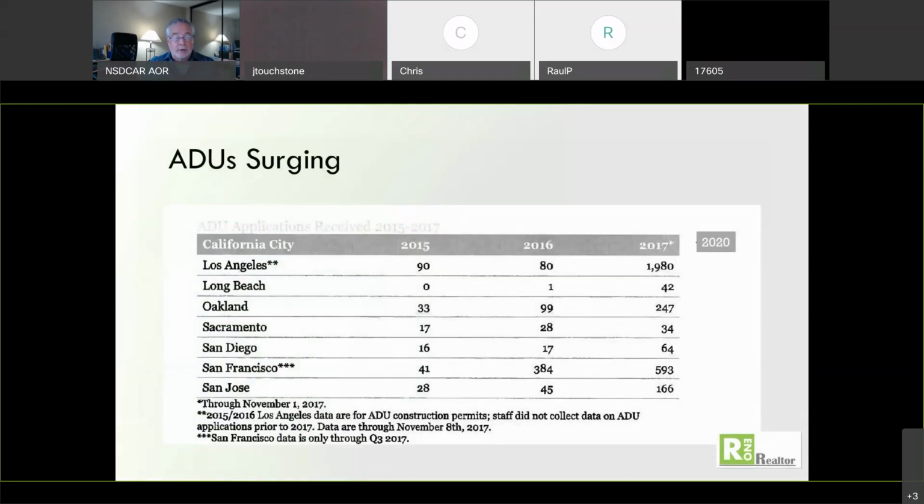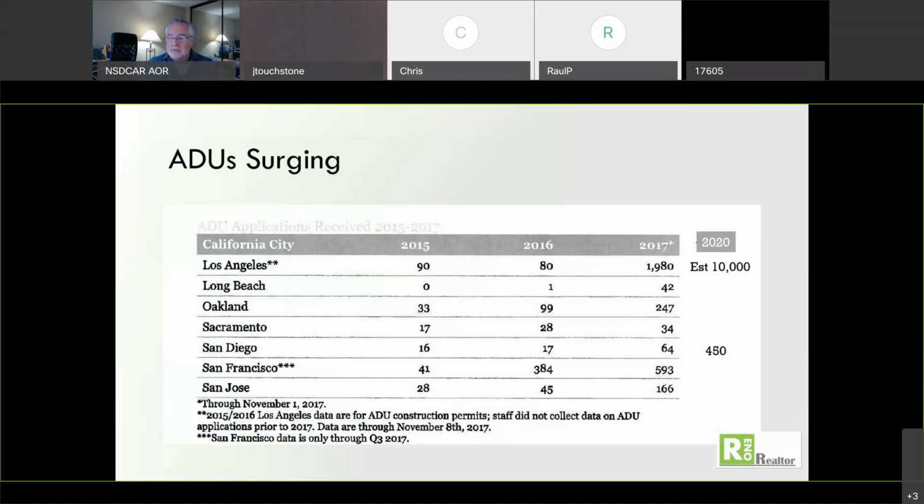So look at this. Here's the run rate of ADUs, and San Diego, I mean, single digits. In 2017, when we started to get some activity, it took a quantum leap. Look what Los Angeles did in that same time frame. Things really started to explode. For 2020, the forecast that I saw was jumping up to 450.